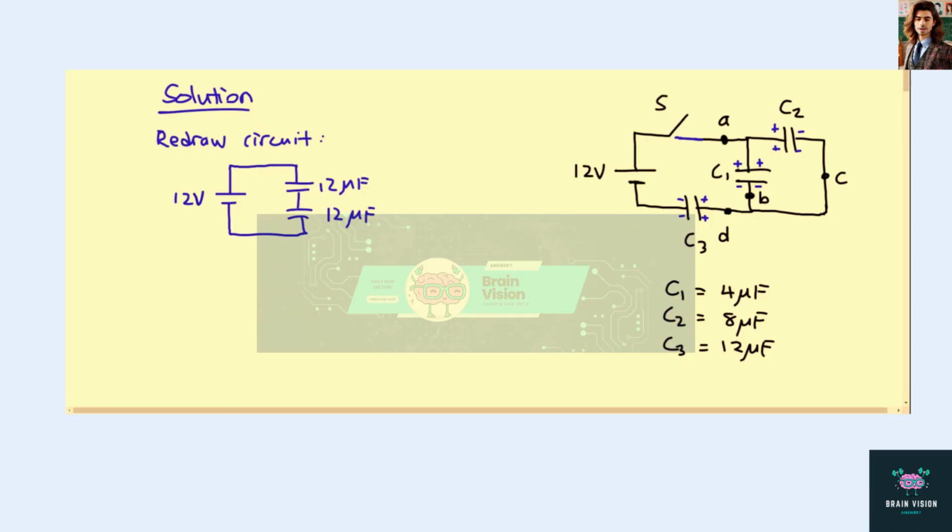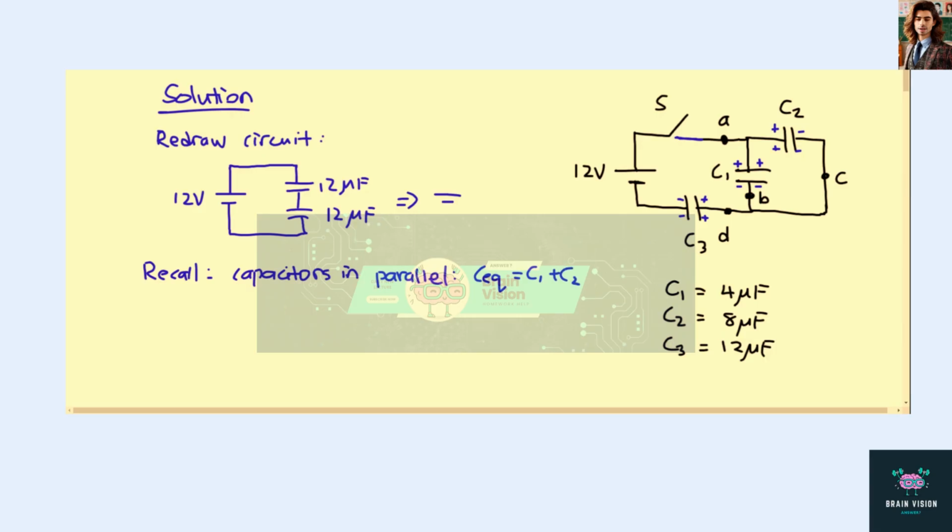Just to recall, for capacitors in parallel, C equivalent is C1 plus C2.